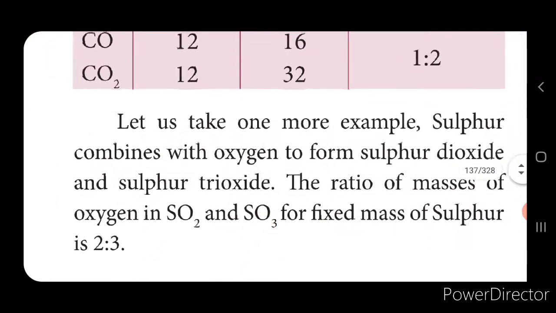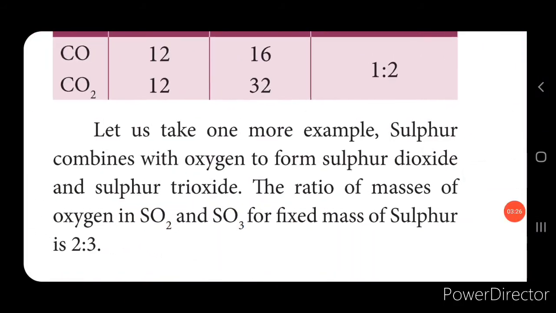Now here is another example of sulfur forming its oxides. It will form two oxides, that is sulfur dioxide and sulfur trioxide. Now the formulas are SO2 and SO3.